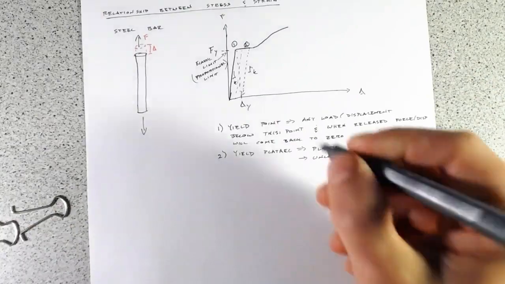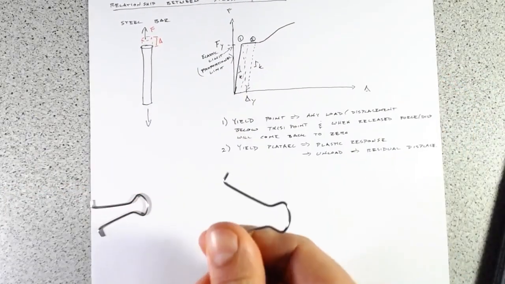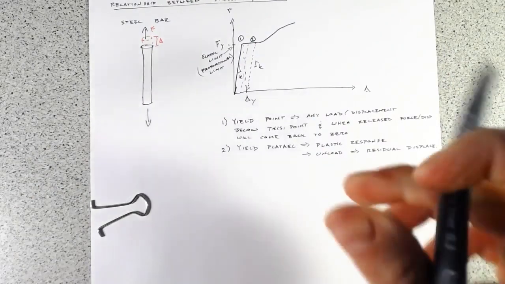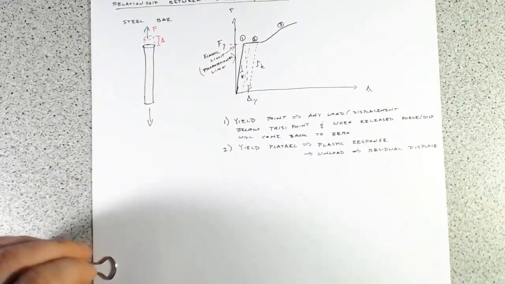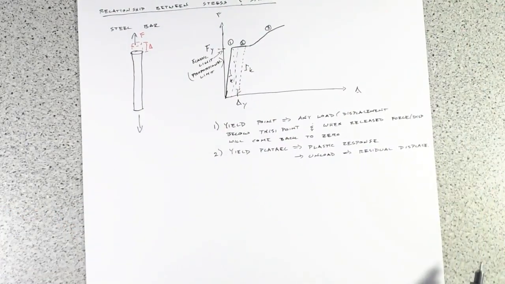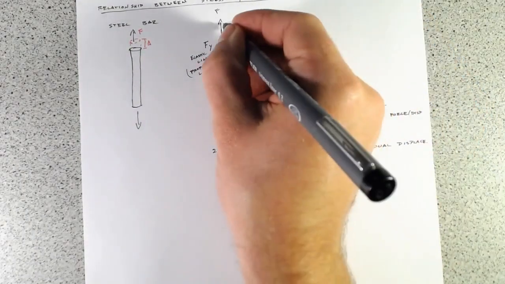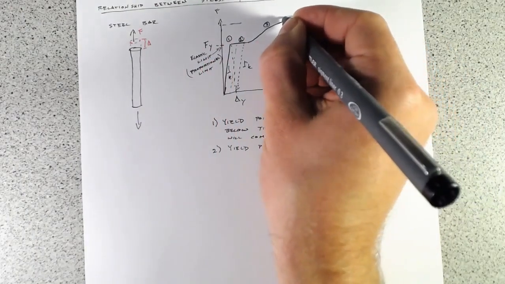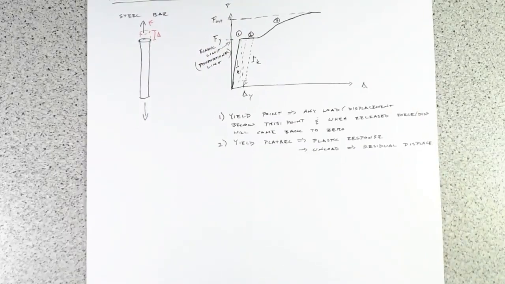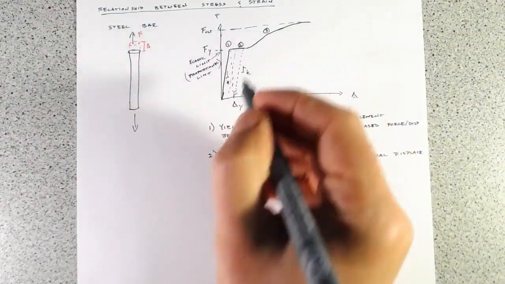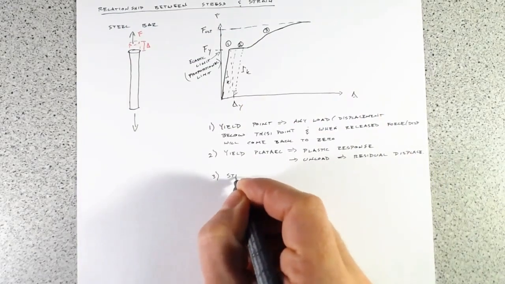All right. But like I said, if I kept pulling on this guy, and I measured the force, well, at some point, it's actually going to start to increase our load, all the way up to some peak, to some ultimate force. And this point 3 is what's called our strain hardening region.